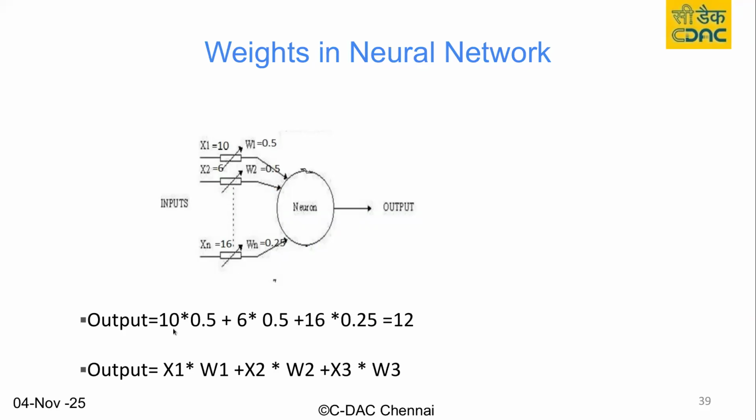If I apply this concept of sigma wi xi, it will be 10 into 0.5 plus 6 into 0.5 plus 16 into 0.25, which equals 12, so the output is 12. If it is greater than the threshold 10, then the neighboring neuron gets fired. That's how they made this mathematical model imitating the human brain neuron.